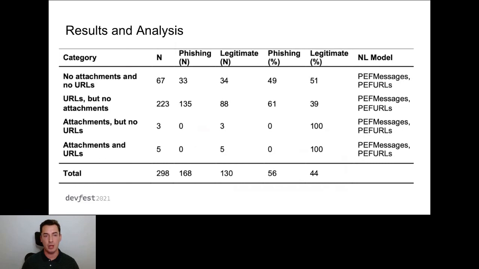So the model I had predicted that URL has been phishing, and 50% of those 3% were emails that were very long.